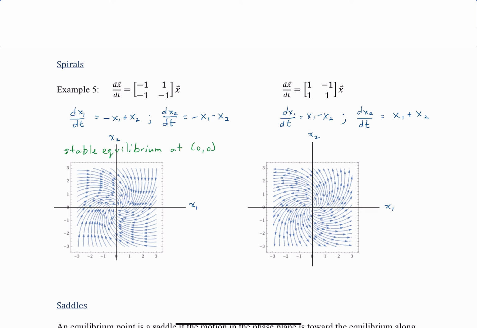If you look at the second of these two phase planes, notice that, yeah, it's a spiral, but all the currents are going away from the origin. So it's still an equilibrium point, but it's an unstable equilibrium at 0, 0.